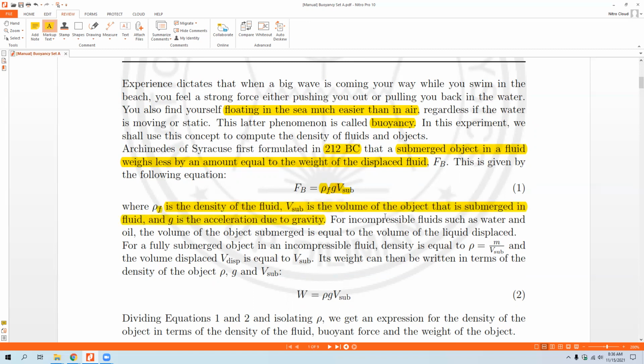So if your fluid is incompressible, so ang incompressible fluid just means that your density is constant. Yung volume ng submerged object mo is equal to the volume of the liquid displaced.